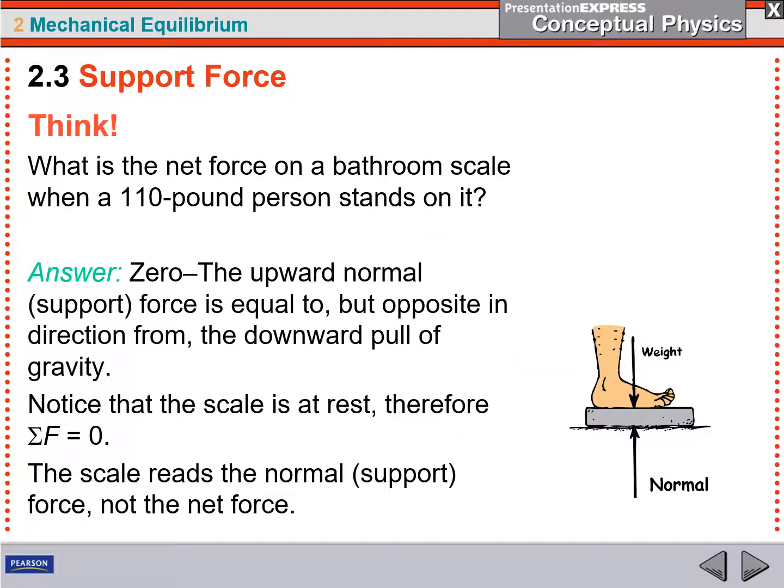So the net force on the scale is 0. The upward normal or support force is equal to, but in an opposite direction from, the downward weight. Since the scale is at rest, the sum of the forces equals 0. Incidentally, a bathroom scale like this is reading the normal support force, not the net force.